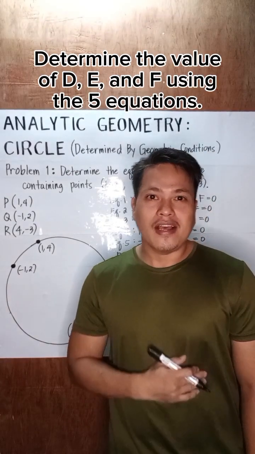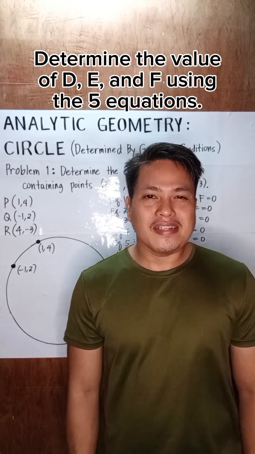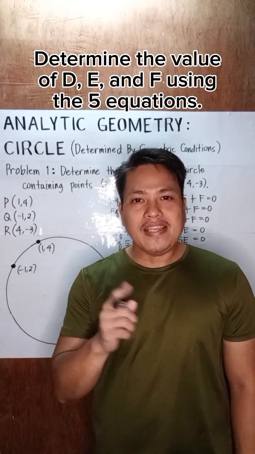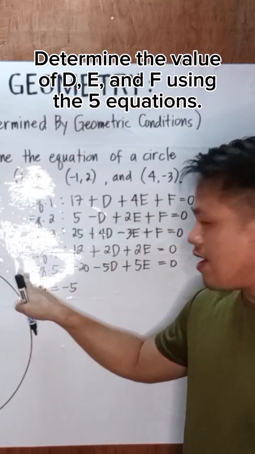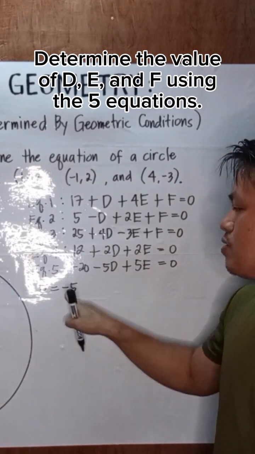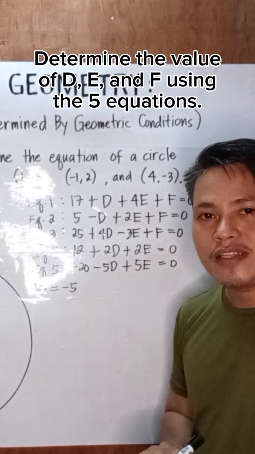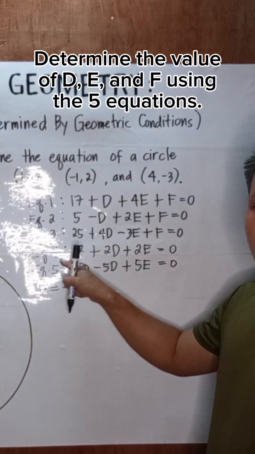Ang susunod naman natin kukuning variable ay variable E. Saan natin gagamitin yung D para makuha yung letter E? Pili lang tayo sa equation number 4 or sa equation number 5. I-substitute natin yung negative 5 as the value of D. Makukuha na natin yung value ng E. So, ang piliin natin ay yung equation 4.